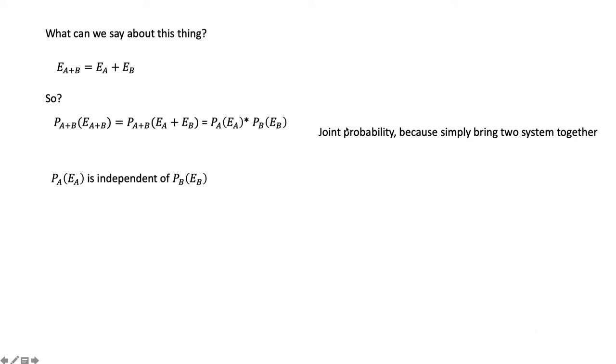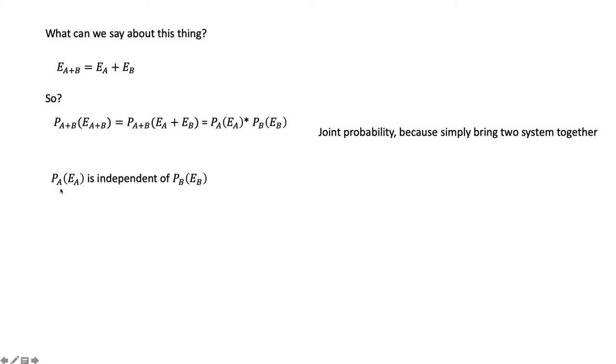The interesting thing is that we know the sum of these energies, by putting them together, will equal the ones that are separate. Because we know the probability, P(A+B)(EA+EB), when we substitute EA plus EB in here, actually equals the joint probability. However, you're simply putting two things together, so individually they should still be the same.